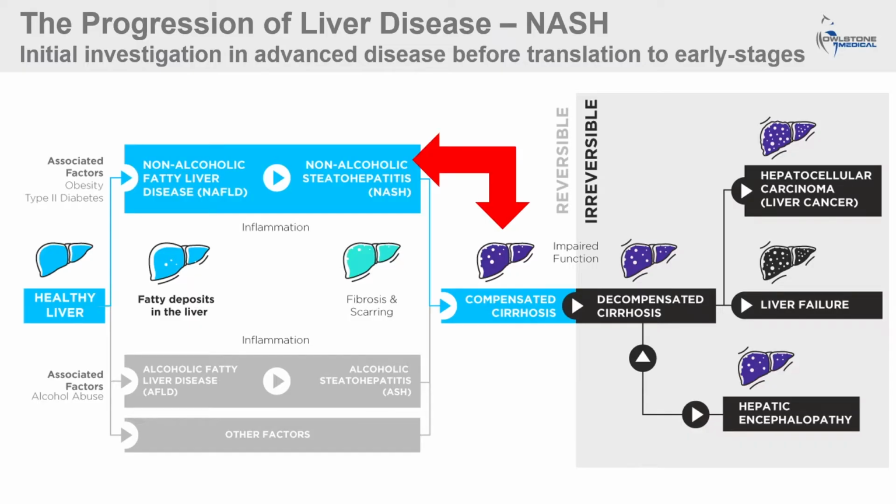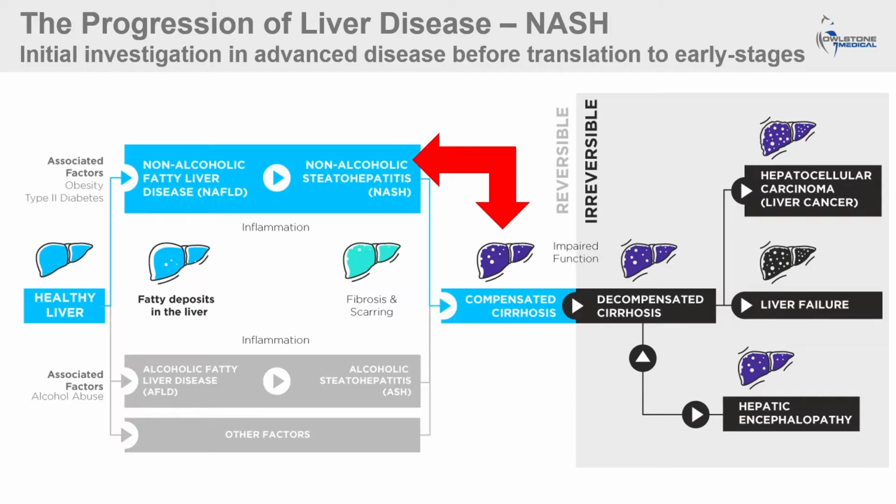As we know, there are several factors that can induce chronic liver diseases. One of these factors is excessive accumulation of fat in the liver, a condition known as non-alcoholic fatty liver disease. This is a benign condition that often doesn't induce symptoms.